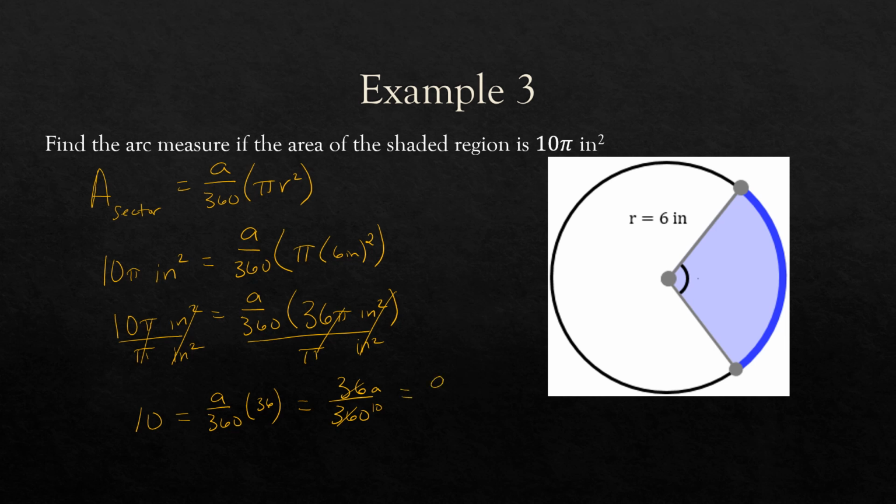So now I have that 10 is equal to A over 10. To solve for A, I'm going to multiply by the denominator, because this is divided. On the left side, I have 100. On the right, I have A. So the arc measure is 100 degrees.